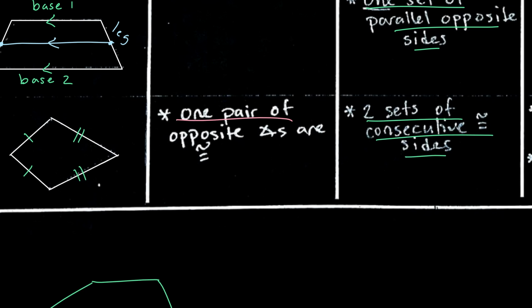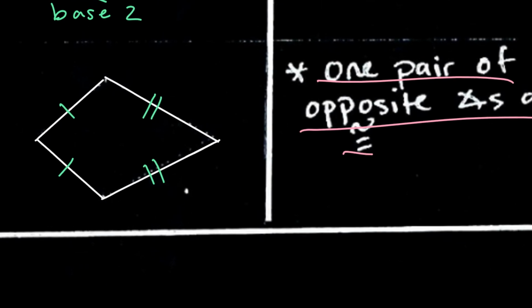And also, it has one set of congruent angles. The congruent angles are between the congruent sides. We do not know that this angle is congruent to this angle. We have no idea. Well, darn it.